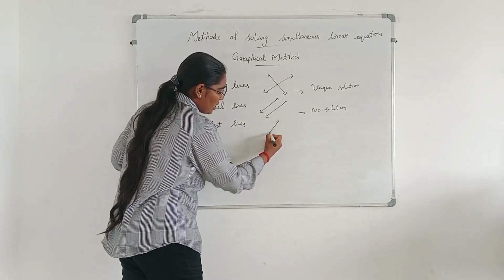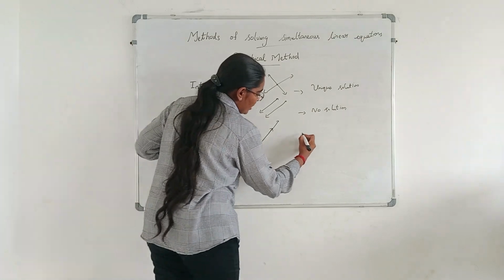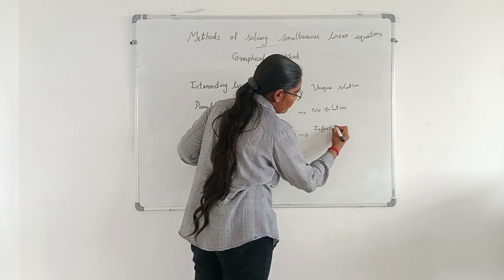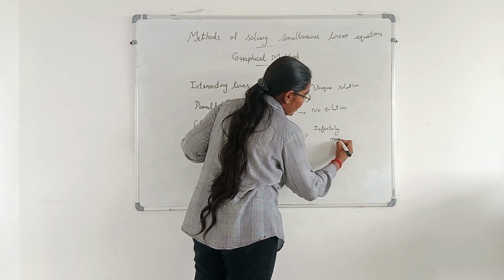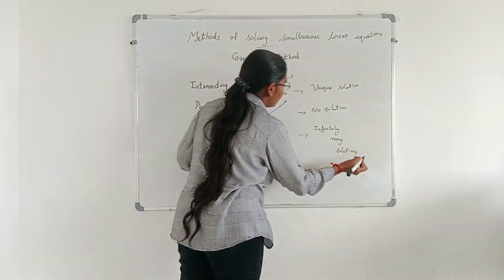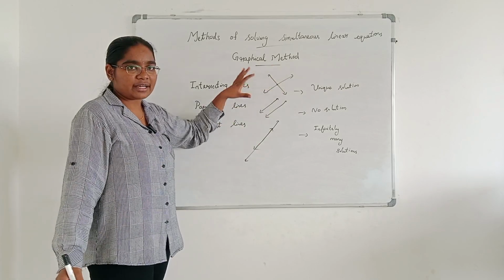If the two lines are coincident, then it will have infinitely many solutions.